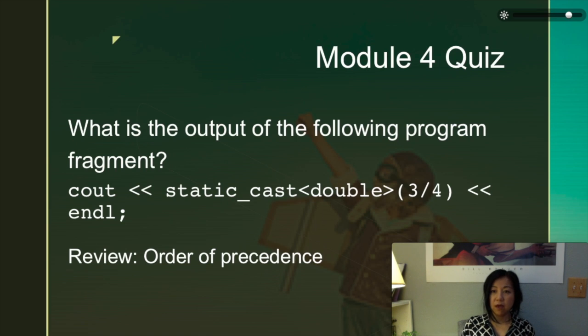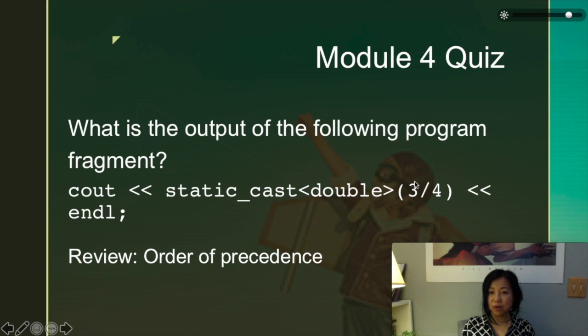In module 4, this quiz question, I hope you won't make this mistake again, because we've talked about it a few times already. I think what threw it off is still the integer divided by integer. Remember that there's actually a chart about the effect of math operators on integers. So 3 divided by 4 is an integer divided by an integer, the whole number is 0 and the remainder is 3.